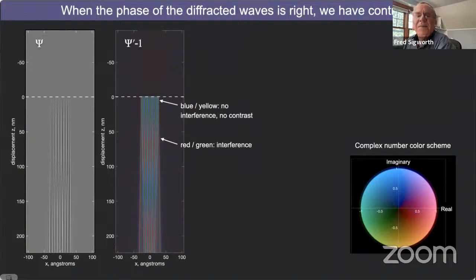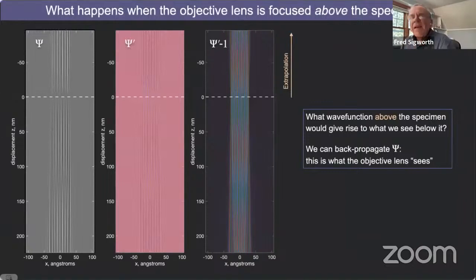Nope. Okay. No way. Okay, so now you're not going to like this, but it turns out that everyone does under focus, which means that they're actually focusing the microscope above the specimen. So here's the level of our specimen. We've been talking about what happens below.